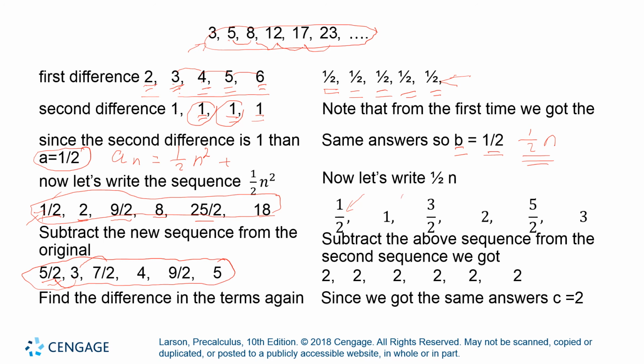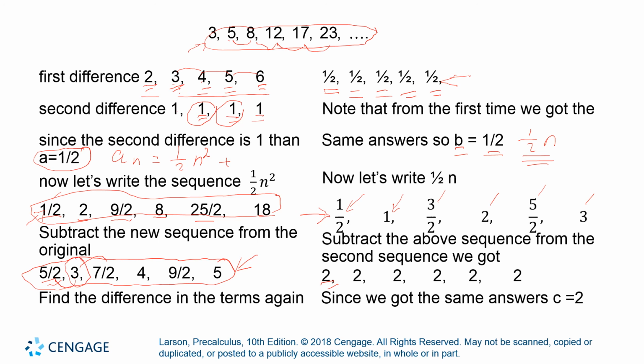When I put 2 for n, I get 1, then 3/2, 2, 5/2, 3. Now we're going to repeat what we did before, but my new sequence is this one. I'm going to subtract this minus that. So if I subtract those, notice 5/2 minus 1/2 will be 2.